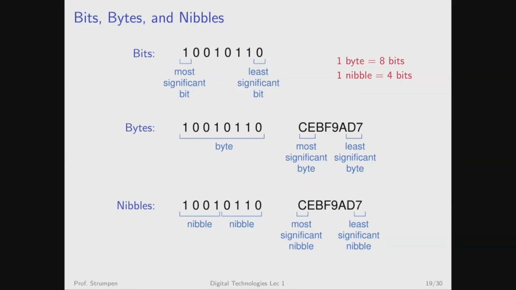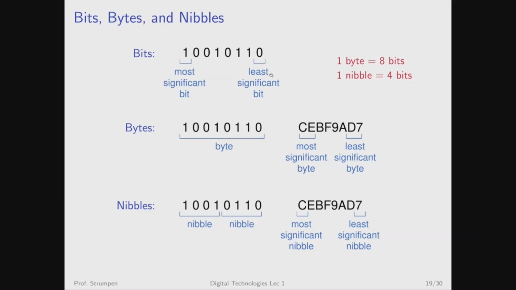One more slide on terminology so that we're all on the same page when talking about binary numbers, right? We distinguish bits, bytes, and nibbles when we refer to the strings of zeros and ones. These bits are organized as a group of 8 bits into 1 byte.